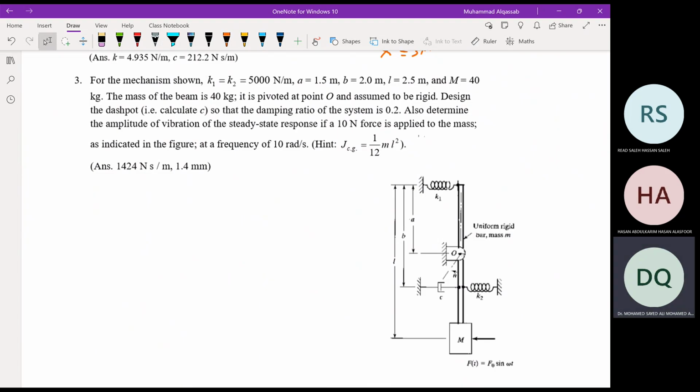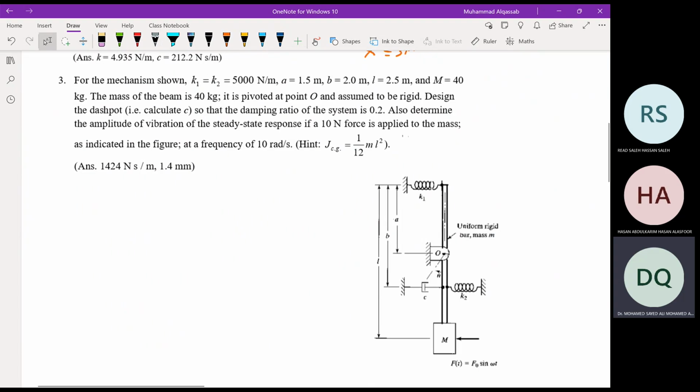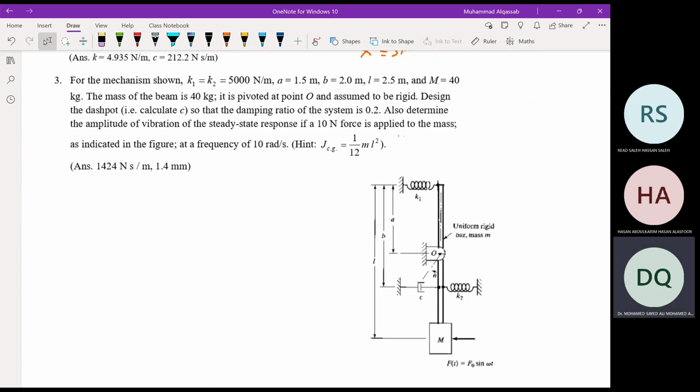I'm not sure about the answers, but to answer the question, there are two questions here. Find C so that zeta equals 0.2, and find the steady state amplitude at omega equal to 10 radian per second, and F naught equal to 10 Newton.